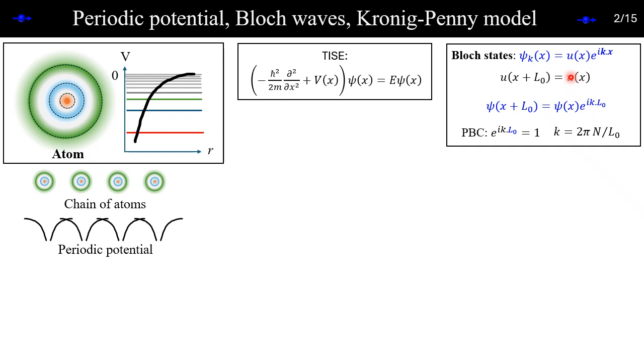Bloch said that the wave function will take this functional form, which will be periodic with the periodicity of the atom, and alongside, this is modulated, analogous to an amplitude modulated signal. We also mentioned that this atom and this atom are identical, so we have a periodic boundary condition. If you use it, then we are almost done.